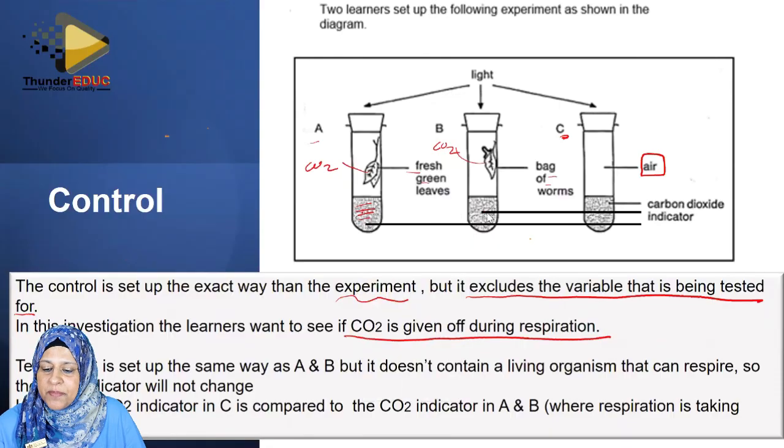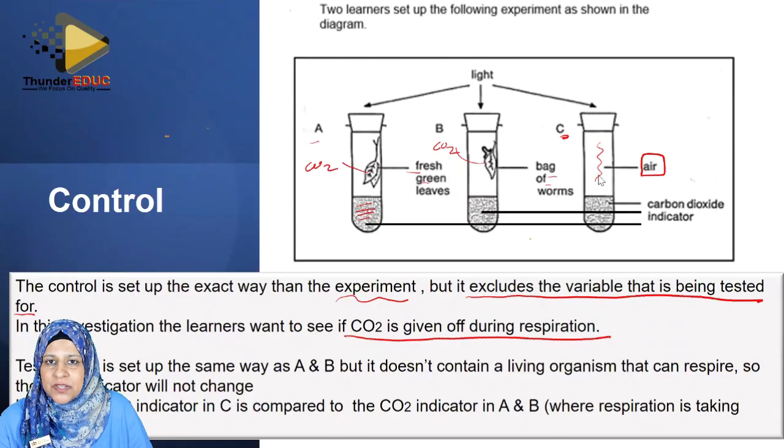In test tube B, the clear lime water will turn milky. But here in C, the clear lime water will remain clear. Why? There's no CO2. That means there was nothing here to undergo respiration. But here, respiration has occurred and therefore carbon dioxide was given off.